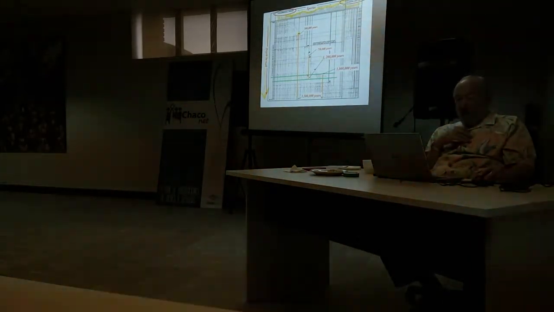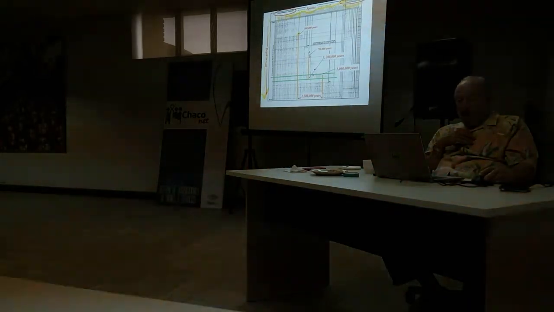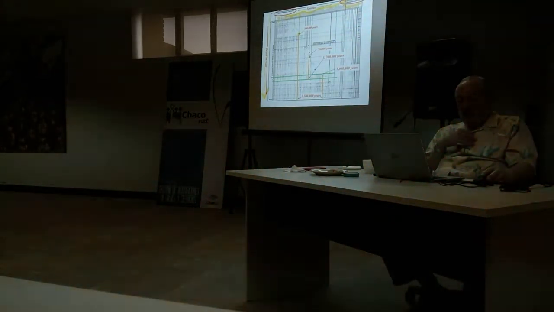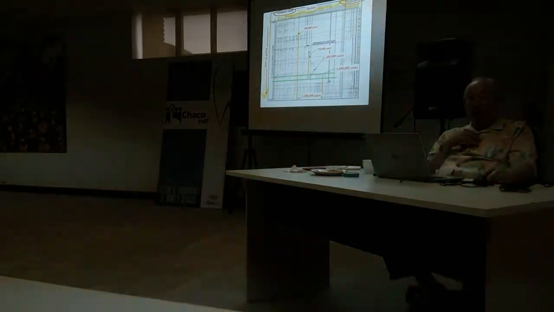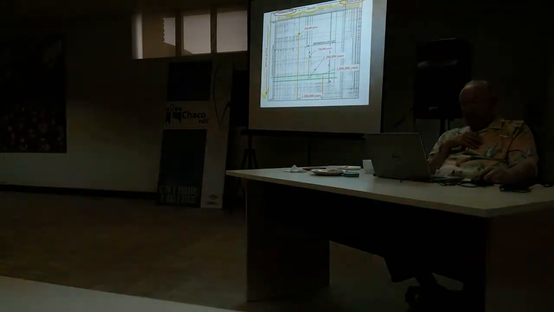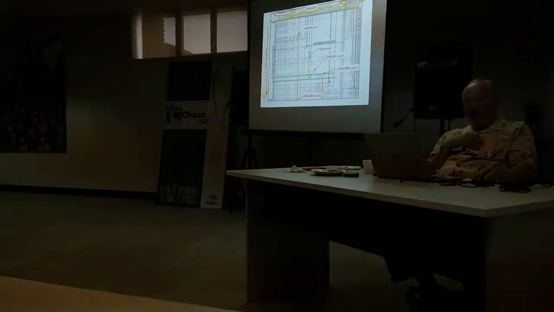So we now know that we've got 200,000 years of deposition between this depth and that depth, between the two green lines. 200,000 years of deposition from 1.2 million years to 1.0 million years.